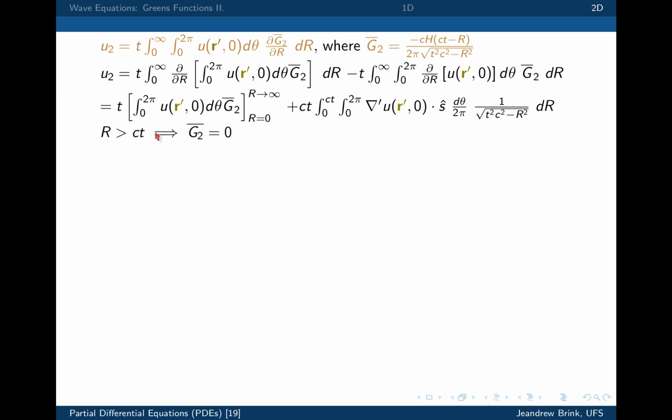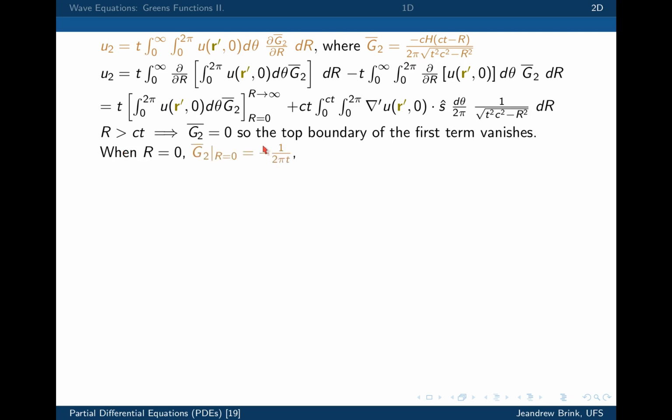So if r is greater than ct, g2 is 0, so the top boundary of the first term vanishes. When r is equal to 0, g2 at r0 is just equal to 1 over 2 pi t, just from the definition of g2.